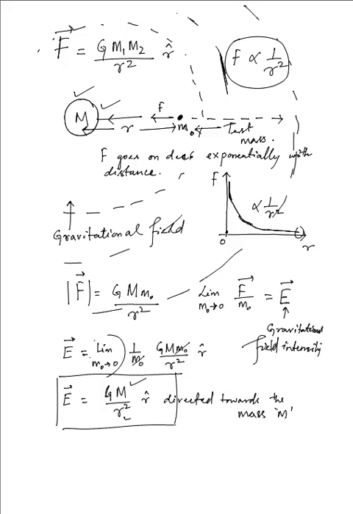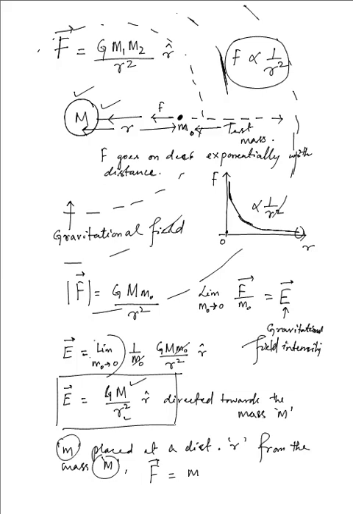Any other mass, let us say just small m, placed at a distance r from the mass M will experience a force which is equal to the mass that has been placed, small m, multiplied with the intensity at that point.